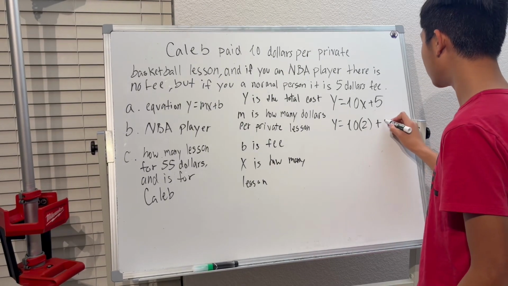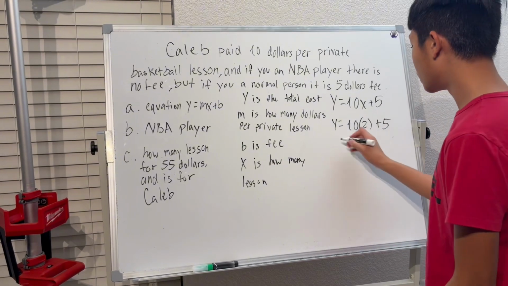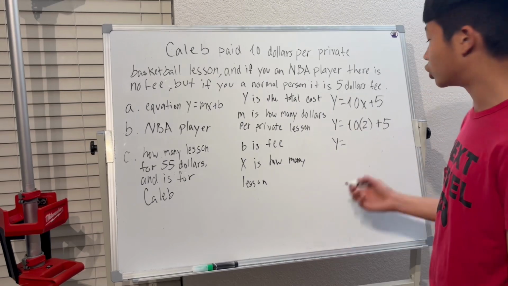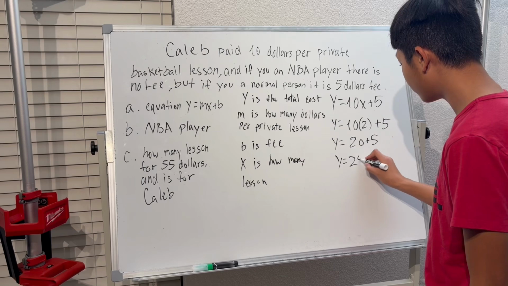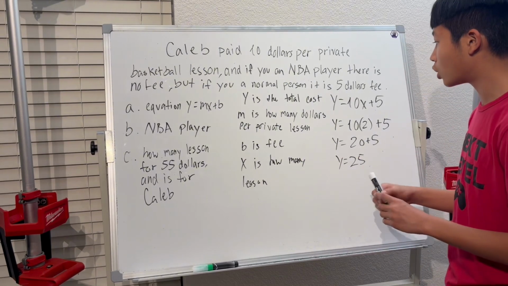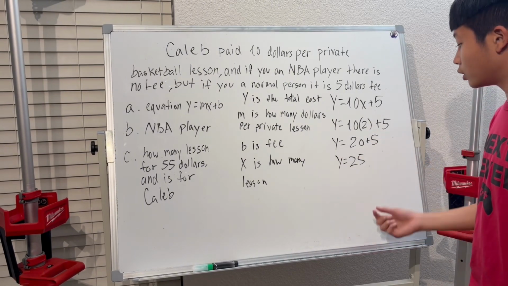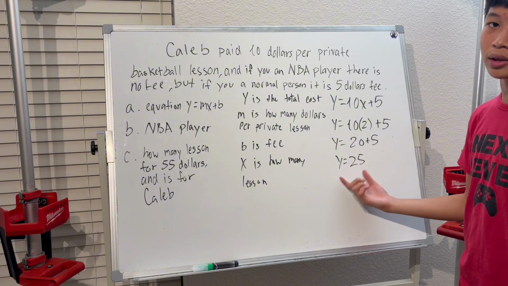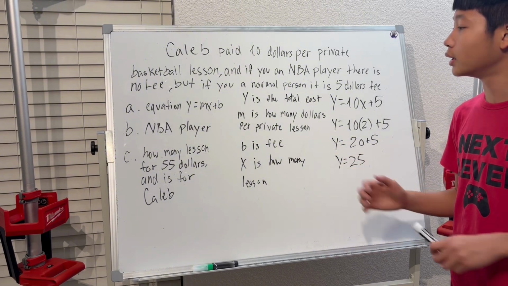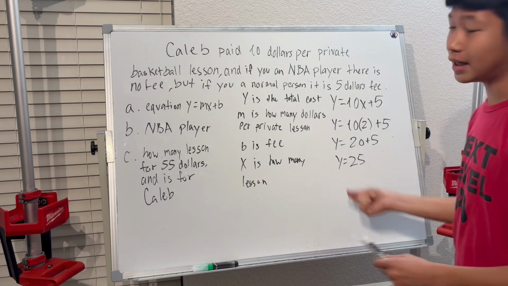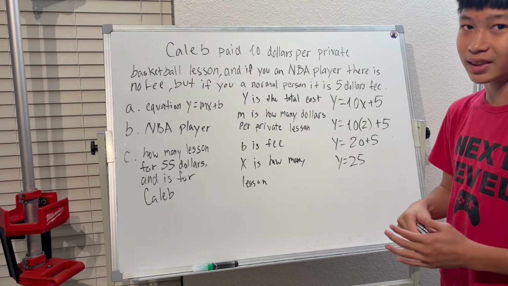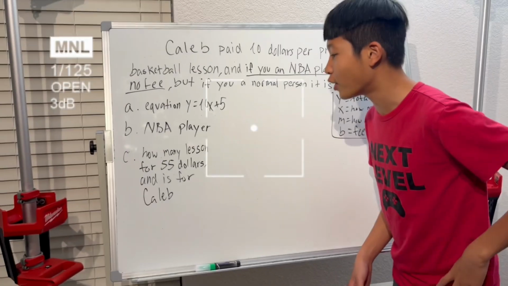So y equals 10 times 2, which is 20, plus 5. So y equals 25. Y is the total cost. So if you want 2 lessons, you gotta pay $25. That's simple, right? That is basically what it means if you translate all of this in math.